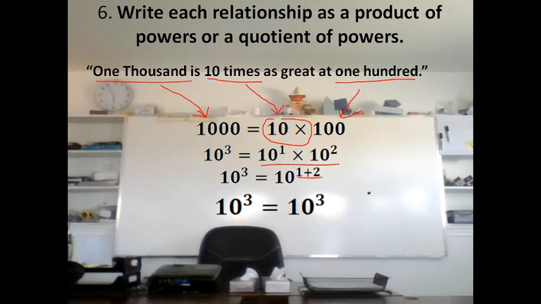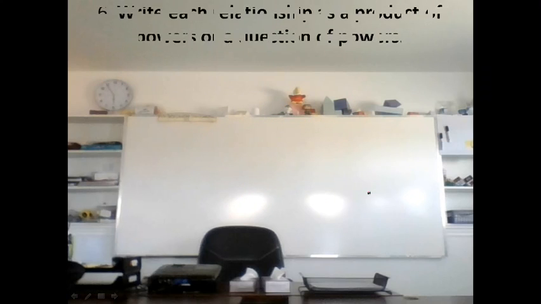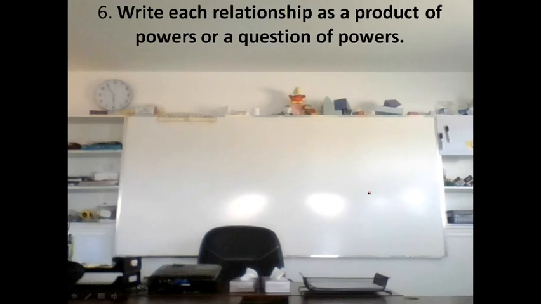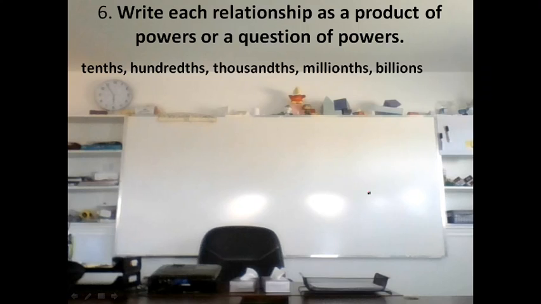These can be a little confusing, so sometimes it's better when you can see it written out this way. Next, we're going to talk about writing a relationship as a product of powers or a product of quotients. And this time is if you have something like tenths, hundredths, millionths, billionths, thousandths, things like that.